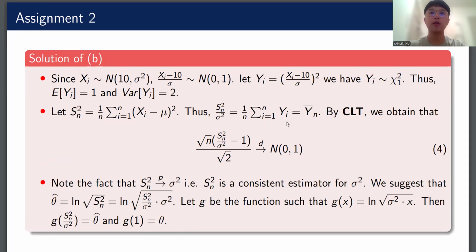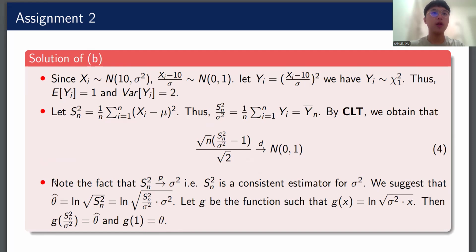We get this result, and this is simply the sample mean of yi. This is good because the central limit theorem tells us that S sub n to the power 2 divided by the variance converges in distribution to a normal distribution.